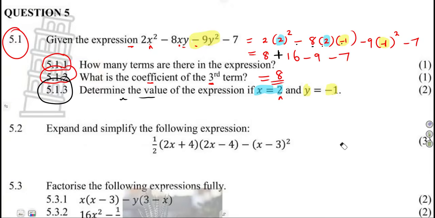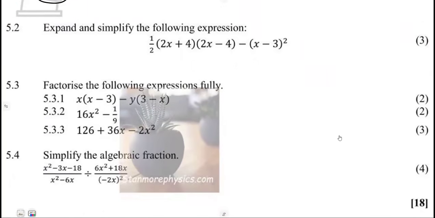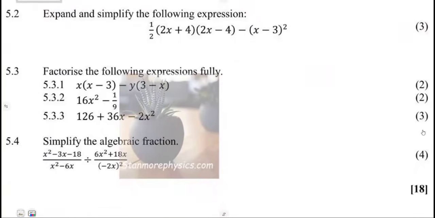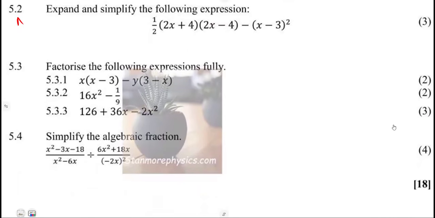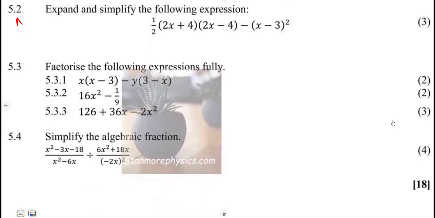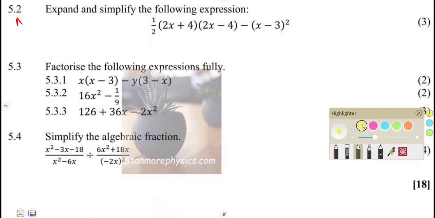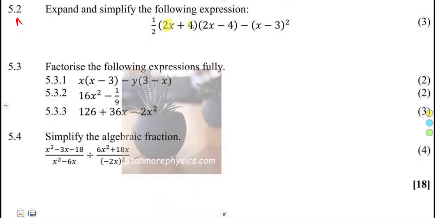When x is equal to 2, and when y is equal to what? A negative 1. All right, just like that. 5.2, expand, all right, the following expression. All right, if we check properly there on 5.2, you are going to notice that the two brackets that we are given in the first place there represents a difference of 2 squares, a plus b into what?